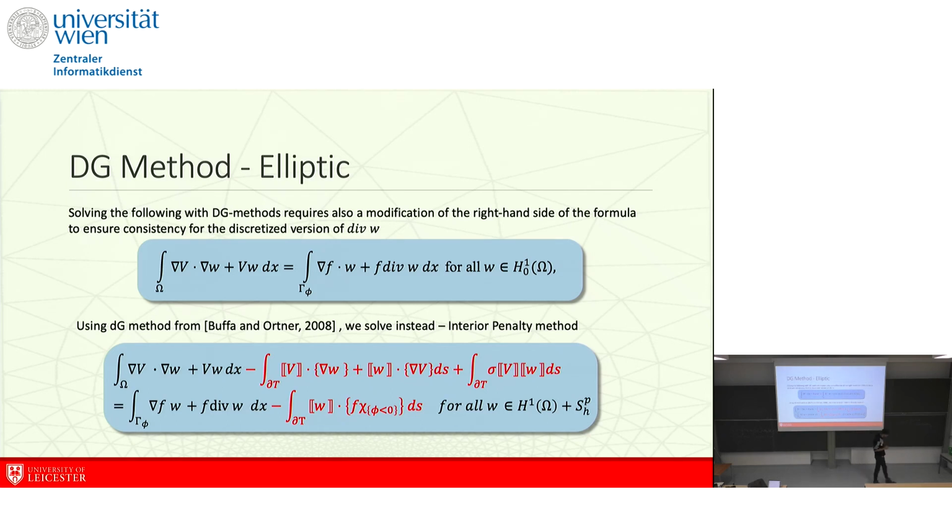So if sigma is huge, it'll try and penalize the discontinuity as much as possible, whereas if it's quite small, it'll give it a lot of freedom. But in giving it a lot of freedom, we can get some sharp jumps and shocks. I think sigma is equal to like the degree of the polynomial squared divided by the element size, I think.